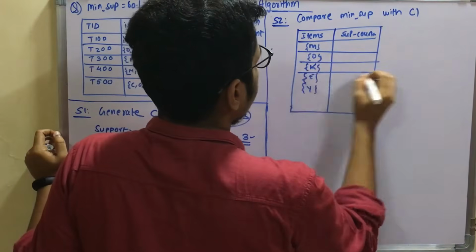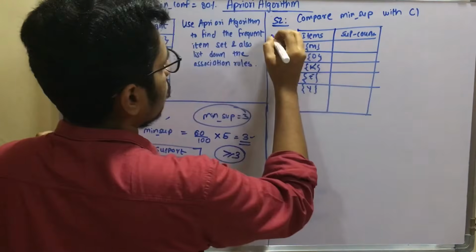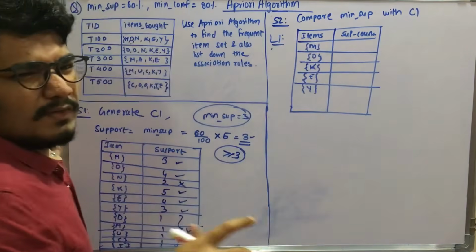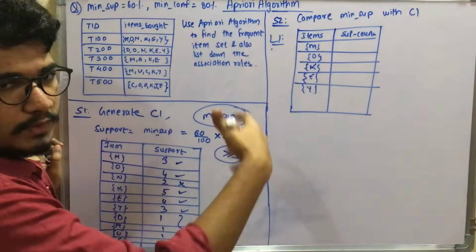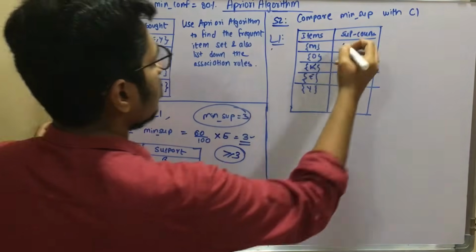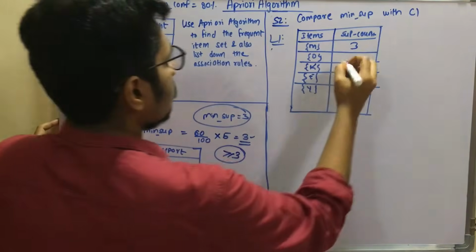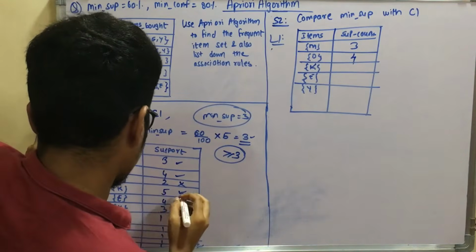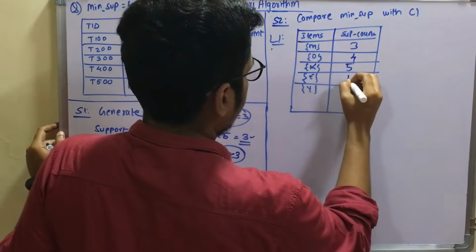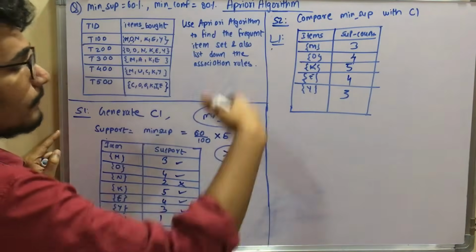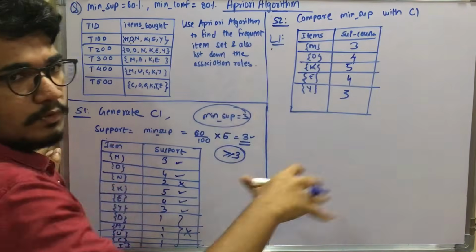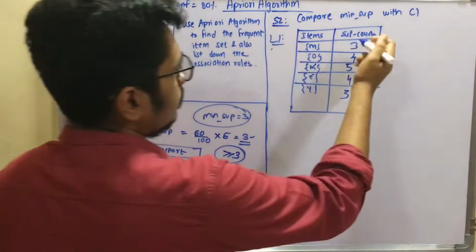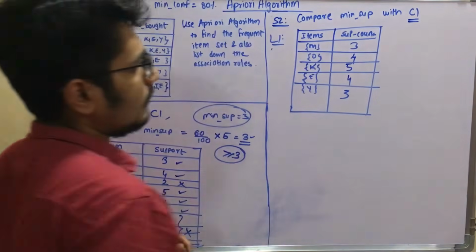This will be our next, temporary cluster, so we'll label it as L1, just a label given to that temporary cluster, and write the support alongside it: O, then 5, 4, 3. Yes, 5, 4, 3. So this will be our final after step 2, the temporary cluster, or the C1 item set.